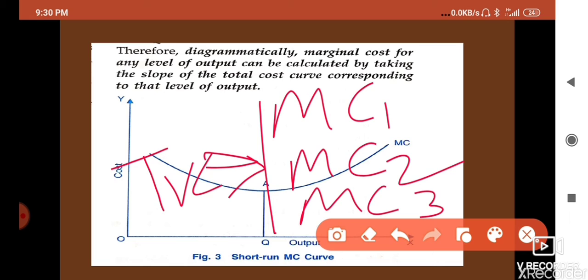Fourth, if we are willing to compute TVC, then we can take the sum total of MC, or we can say TVC is the sum total of MC. So these four concepts are clear to you.